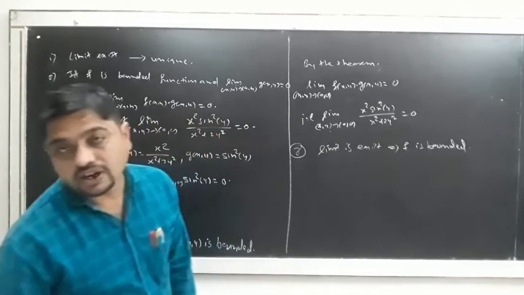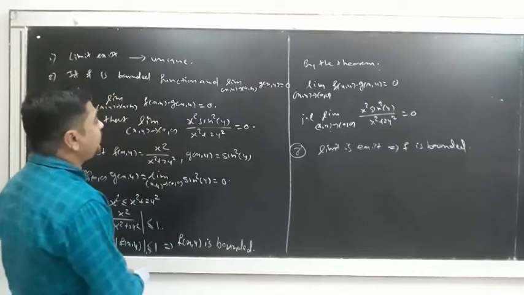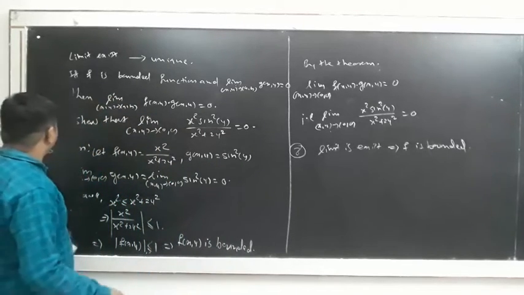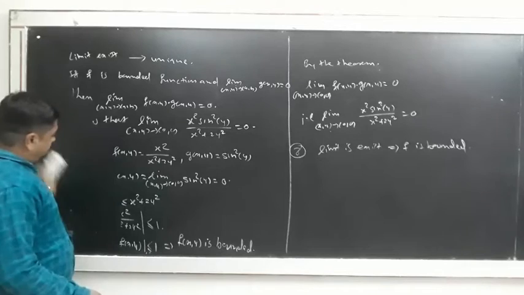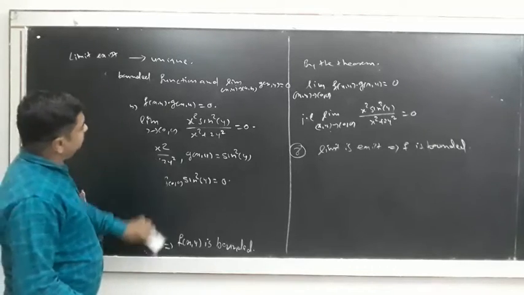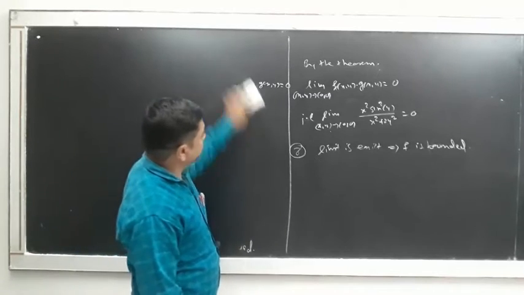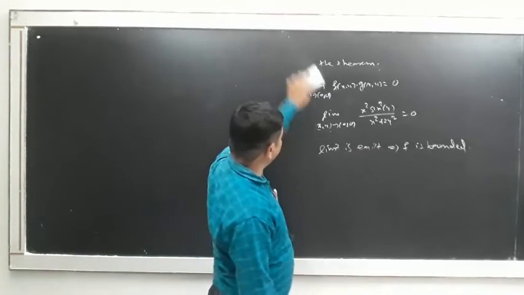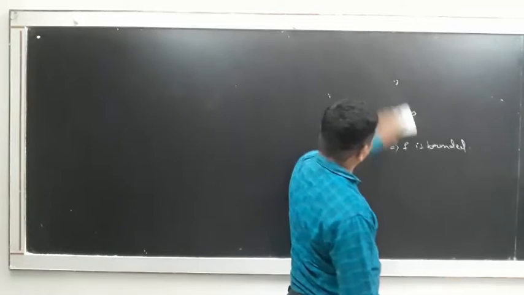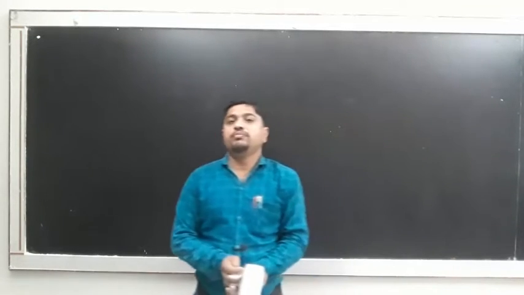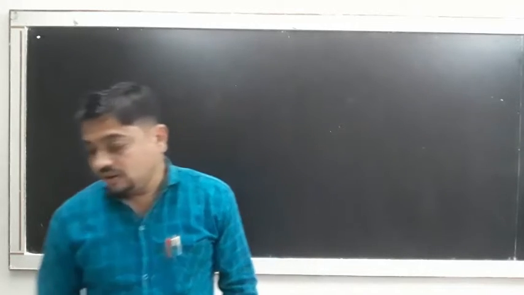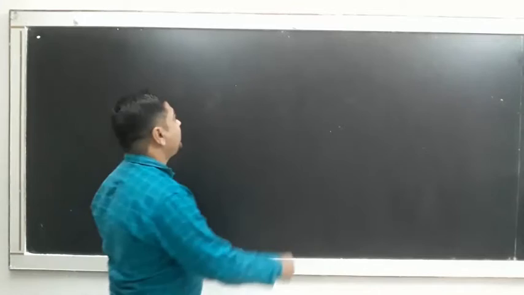Then we can go for one more theorem, that is the sandwich principle or sandwich theorem. This theorem is also discussed for sequences, and we also discuss it for the limit of a function. Try to remember this sandwich; last time I already gave some hint to remember this.